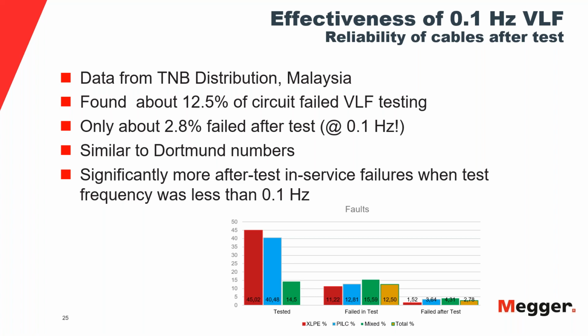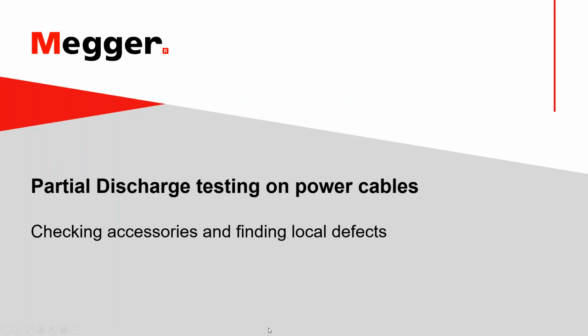And actually, the guy that was overseeing this, Mr. Mo, also published a few other papers, and he also noticed that when you do testing at reduced frequency, those cables failed more often later on when put back into service. So you're compromising your reliability when you do the testing at reduced frequencies.